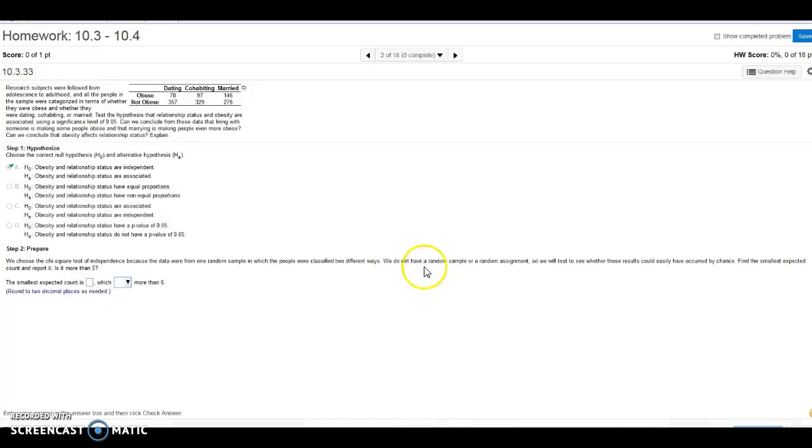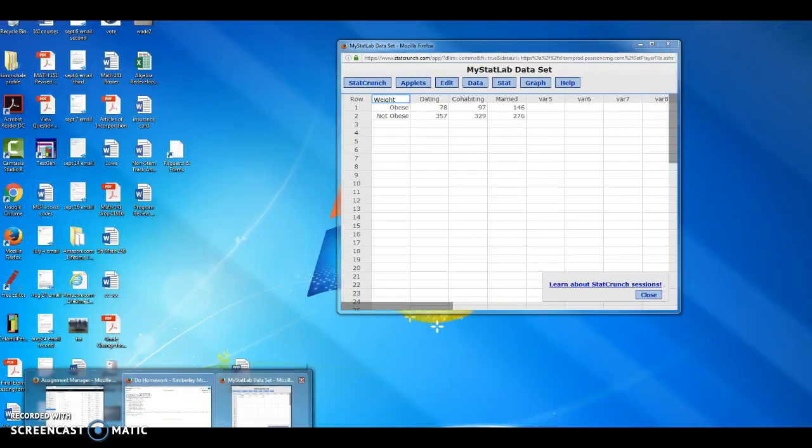That never changes when I'm talking about association. We choose the chi-square test of independence because the data were from one random sample in which each person was classified 2 different ways. It says the smallest expected count is. This is so I can check my conditions, and one of my conditions is large sample.